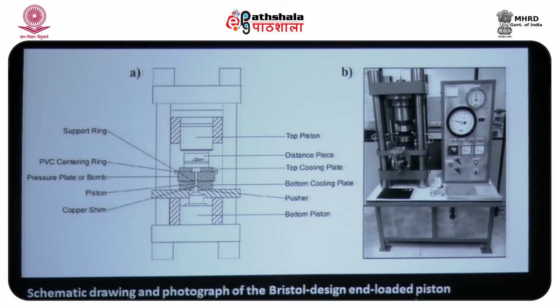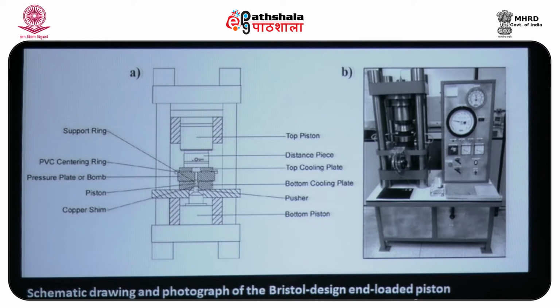So, you have to simulate a condition where your samples or your experimental starting material are subject to the same temperature and the same pressure when you are talking about the deep crustal or the mantle conditions.